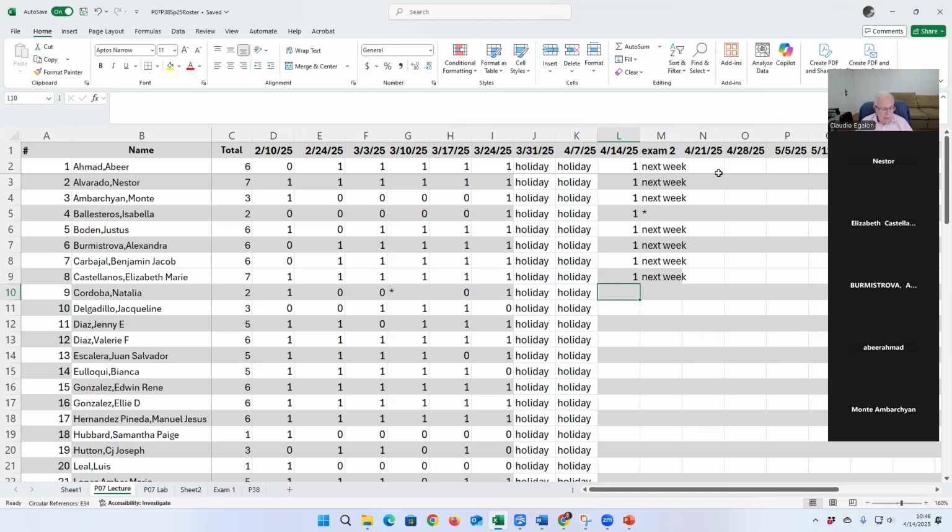Next one is Natalia Cordoba. What do you prefer? Let's see if Natalia is here. Yeah, Natalia is here. Can you hear me, Natalia? Okay, I'm going to put a star here in Natalia's name. Jacqueline Delgadillo. Next week or the day after tomorrow? Next week would be fine.